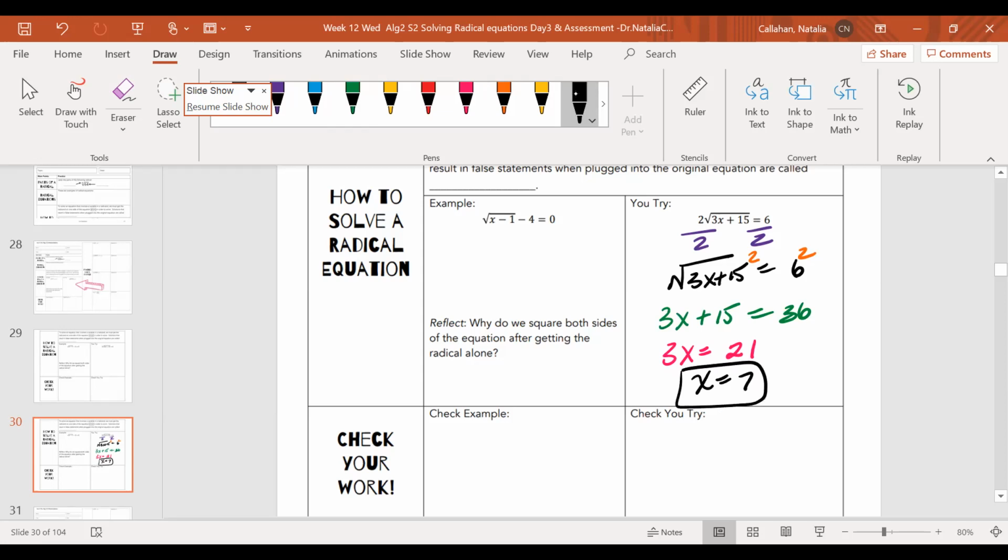Your answer should just be 7. If you have that, you are good to go.